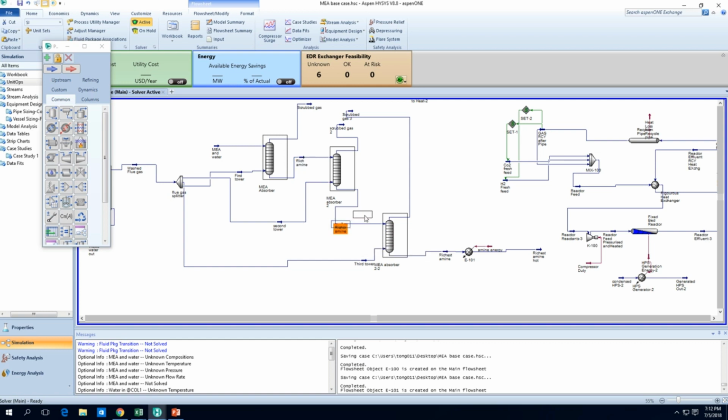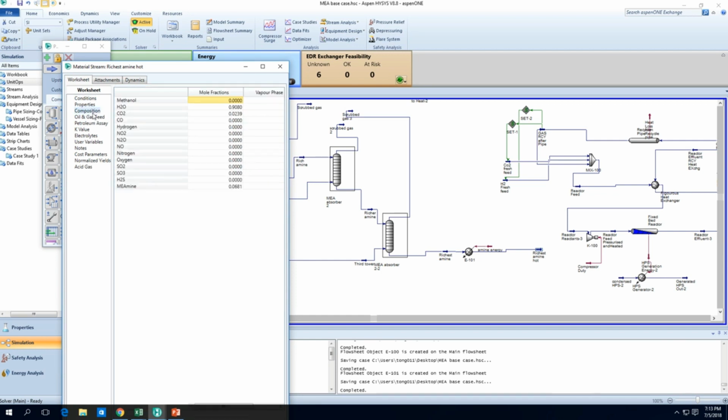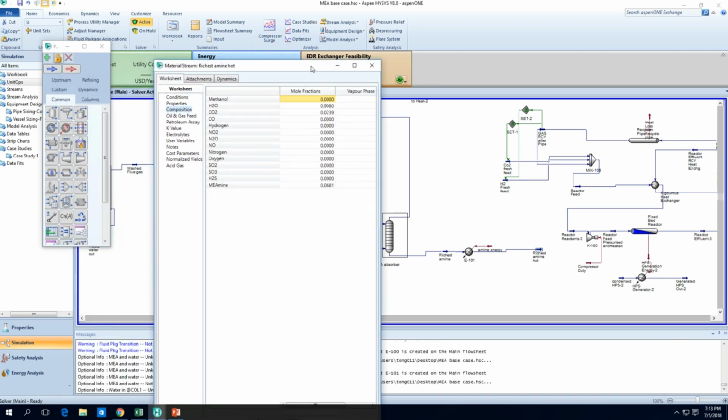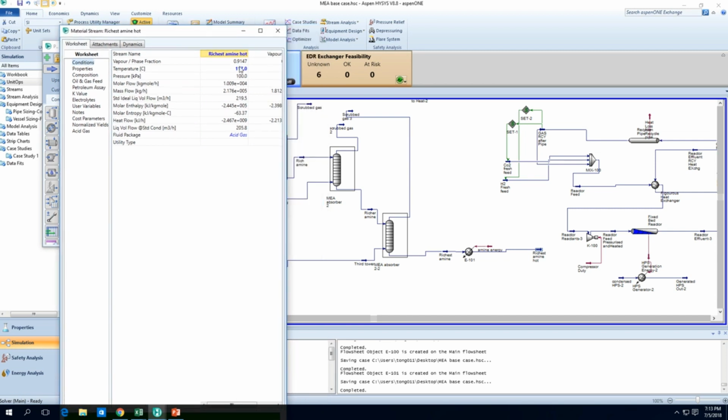Alright, so this is how the tower is going to be. This is a very hot amine, so it's partially been vaporized already.